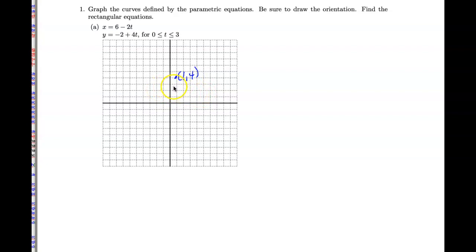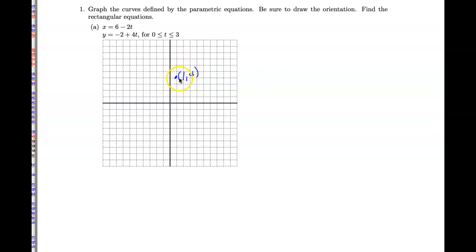But in this world of parametric equations, we introduce another variable, the parameter t, and what it tells us is that at some time t, the x-coordinate is 1 and the y-coordinate is 4. So maybe t equaled 0, for instance. And so the start of whatever thing we're talking about is going to be at (1, 4).